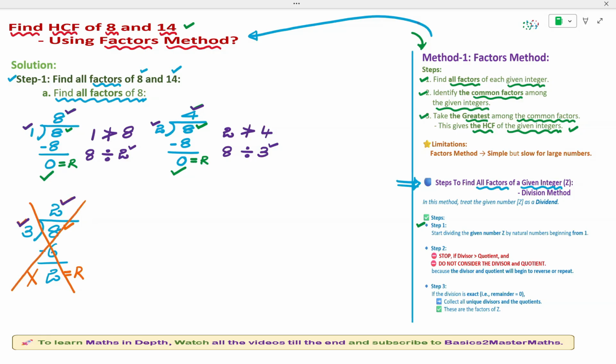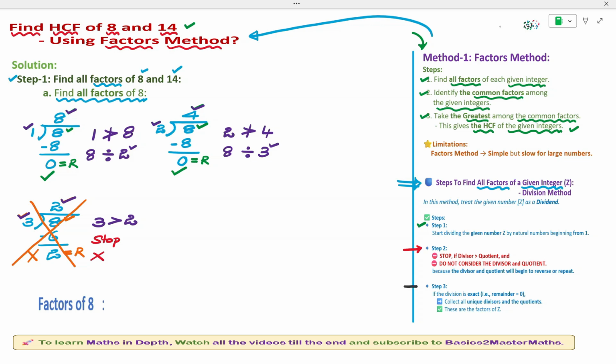In this case, the divisor 3 is greater than the quotient 2. So, as per the rule, please stop here and do not consider this step.